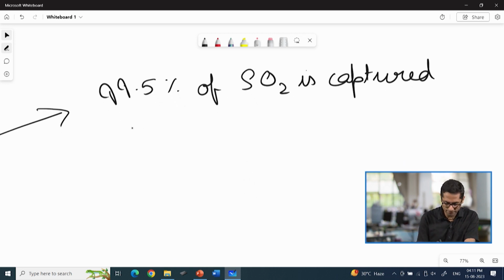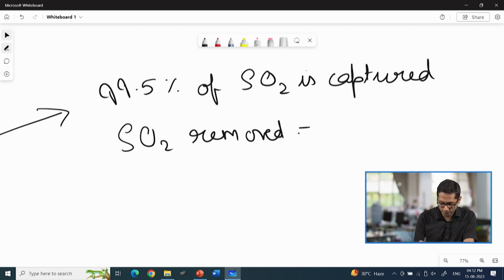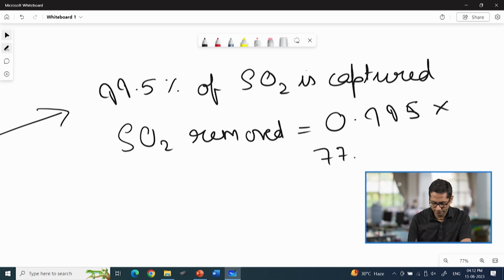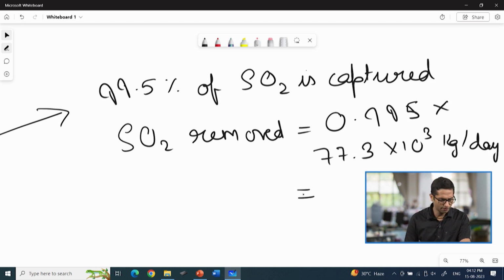So, SO2 removed would be 0.995 into the amount of sulfur dioxide that was produced, around 77.3 into 10 to the power 3 kgs per day, and this value comes to around 76.9 into 10 to the power 3 kgs per day. So, this is the amount of sulfur dioxide that I would expect to be removed on a daily basis.